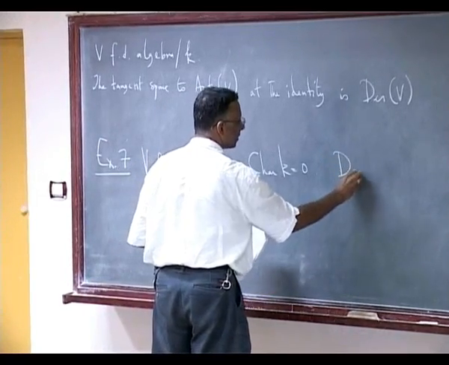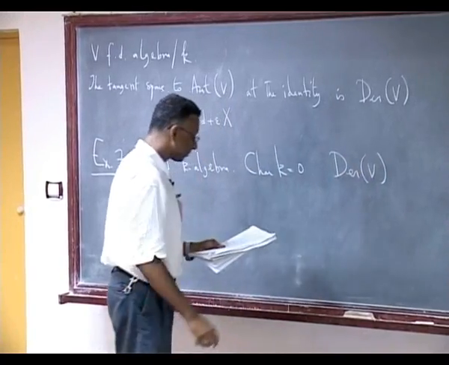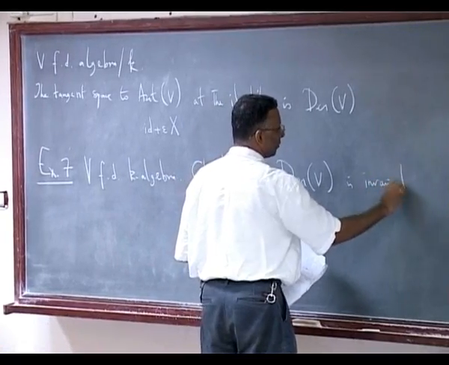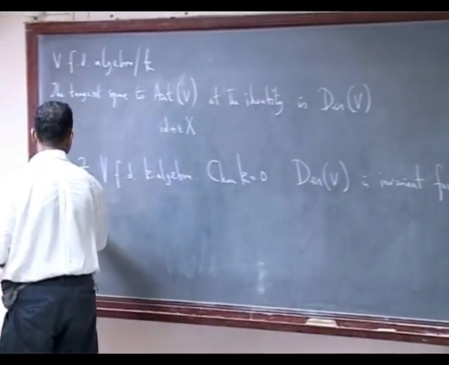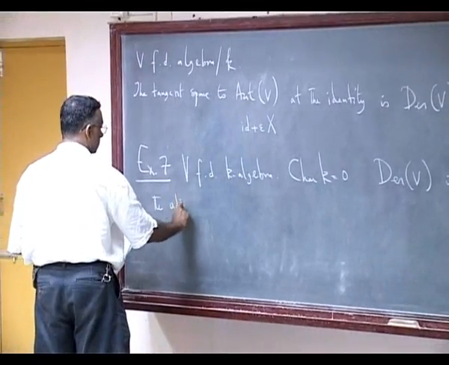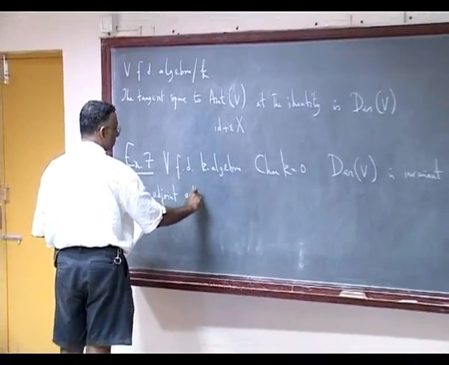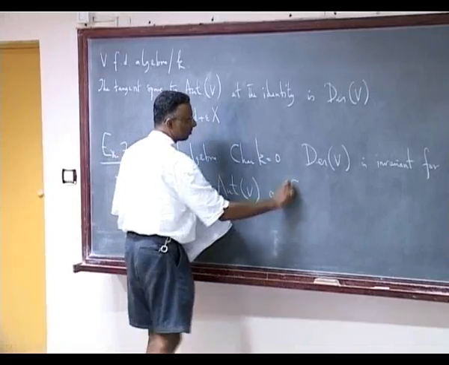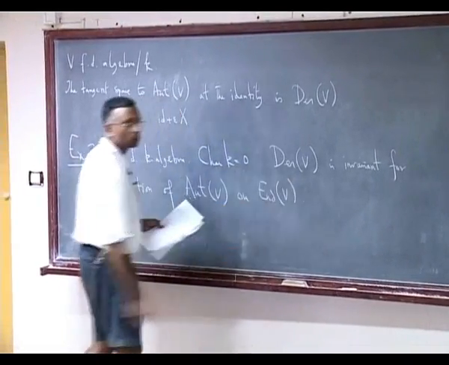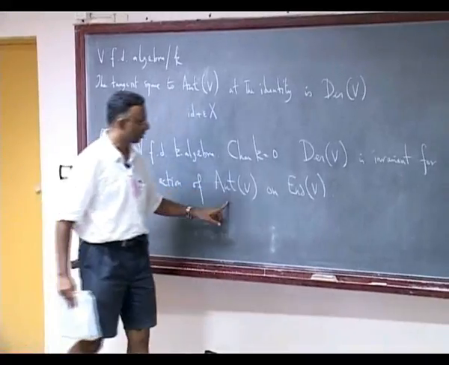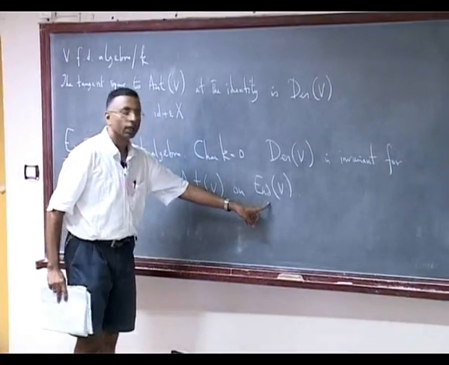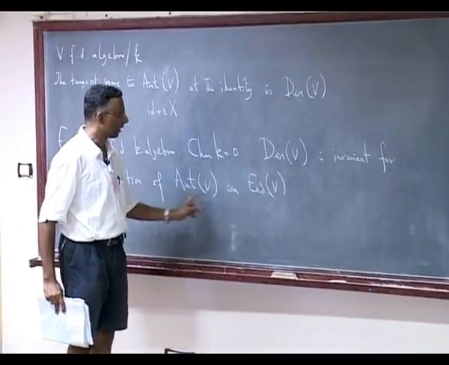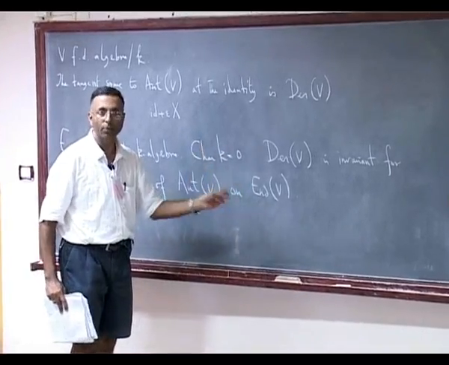Then Der V, the set of derivations of V, is invariant for the adjoint action of Aut V on End V. Adjoint action means you take a linear transformation X; G acts on X by G X G inverse.